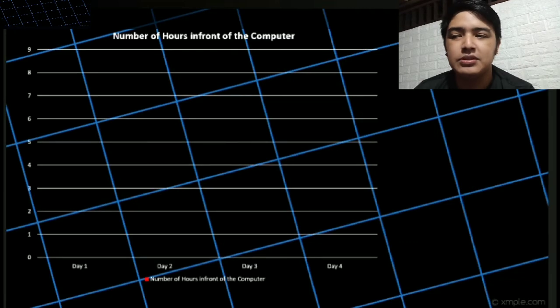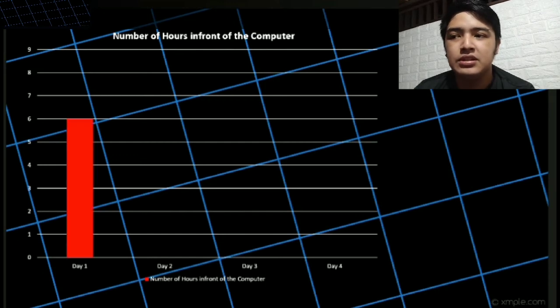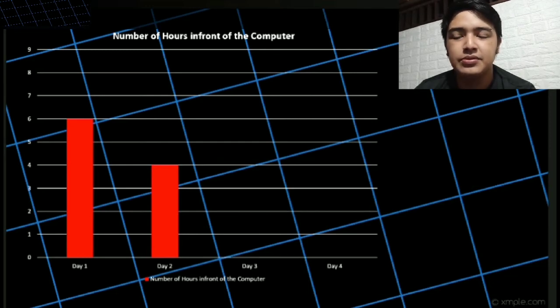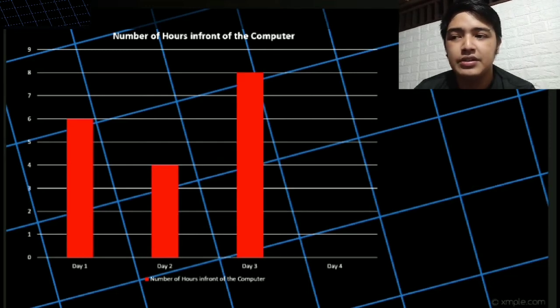So this is our table. It is the number of hours the student was in front of the computer. On day 1, the student was using the computer for 6 hours. On day 2, for 4 hours. And on the third day, for about 8 hours.